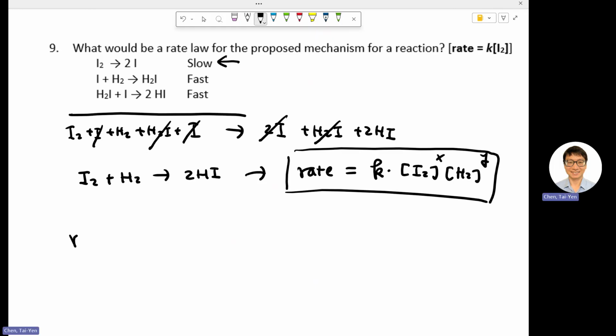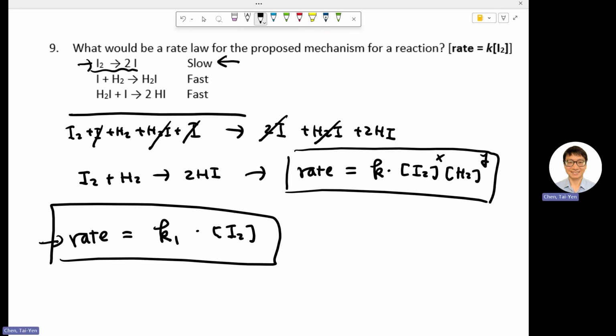Therefore, you can write the rate equals the rate constant K. Just to distinguish, I'm using K for that first elementary step, so I use K1. The reactant is your I2. That's the reaction for this specific step, so you will be able to write out a rate law like this.